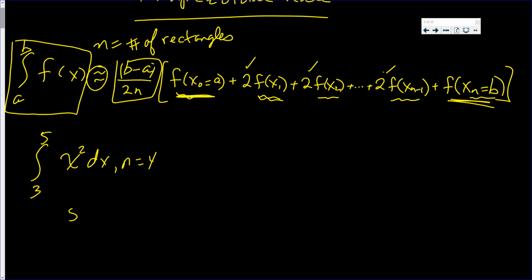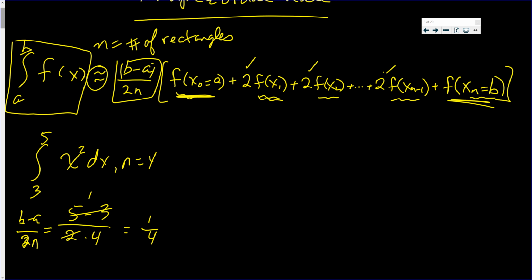It'll be b minus a divided by 2 times n, which will be, well, that 2 is going to cancel out, 2 over 2 is 1 quarter. Okay, so our b minus a over 2n is 1 quarter.